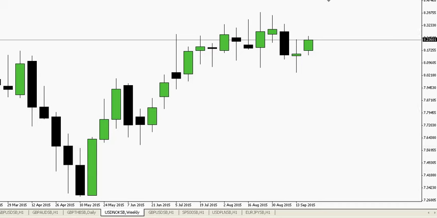Okay, so originally this is how I started out trading. Firstly, the thing to notice is that price goes from high to low to high to low.